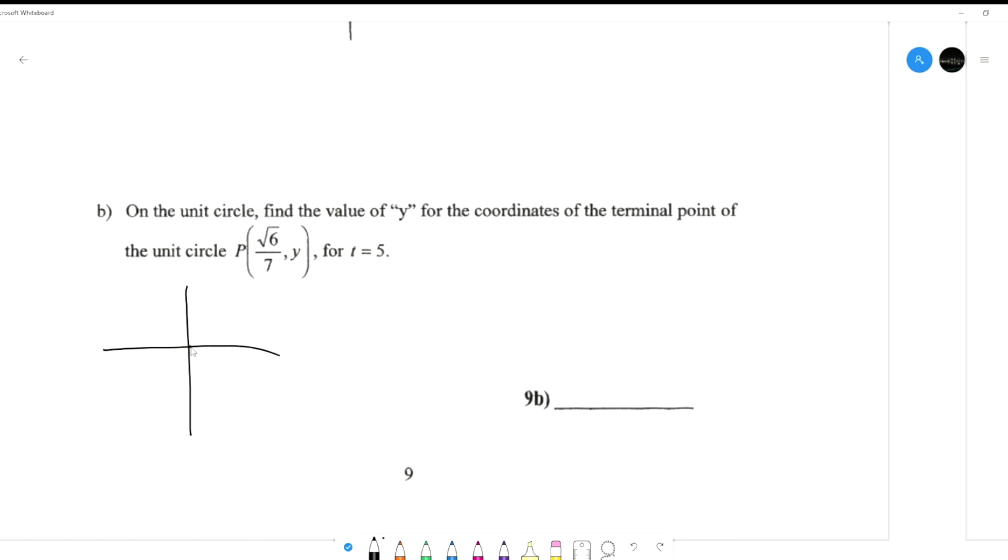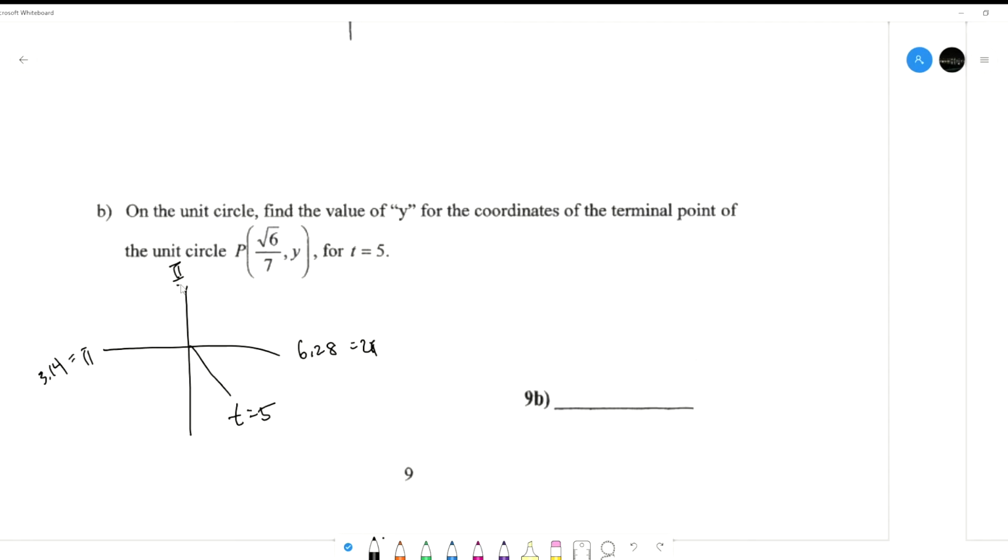Right? So t equals 5 is like right here. Quadrant 4. Because remember, pi is what? 3.14, right? And 2 pi is what? 6.28 is 2 pi. Does that make sense? So when t is equal to 5, it's talking about a radian measurement. So we're in quadrant 4, right?